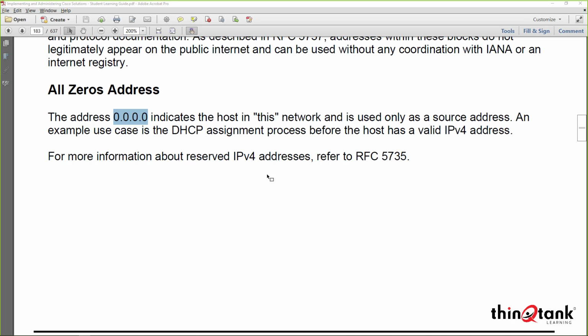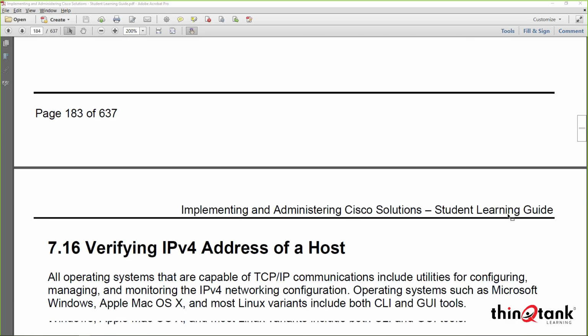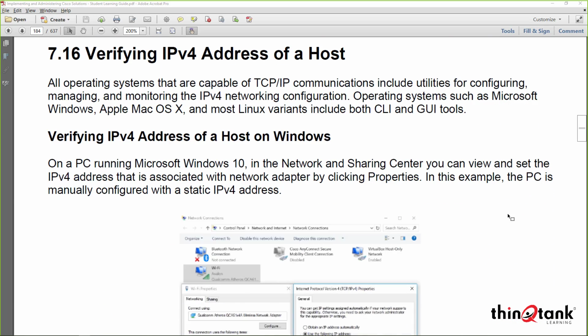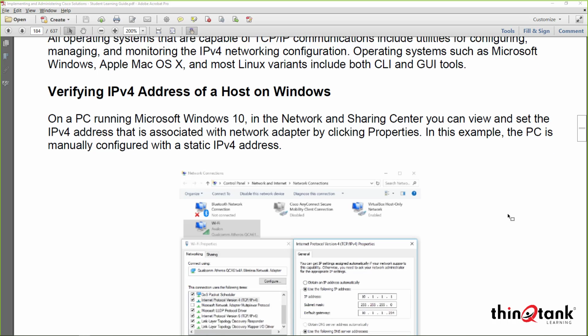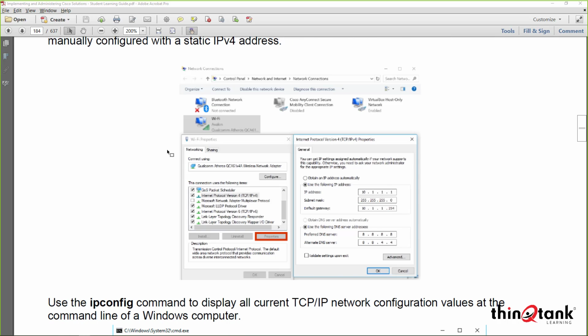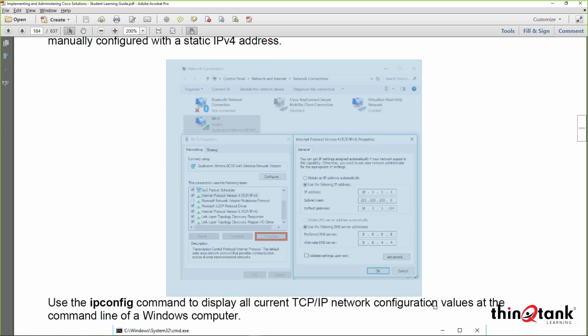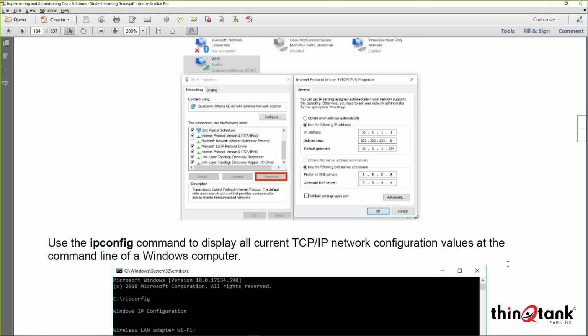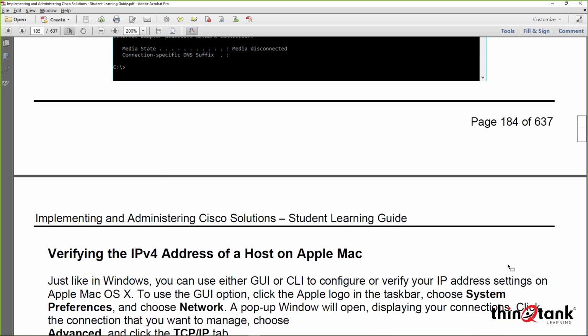All right? The last section here, pretty straightforward. How do I verify addresses on a host? I'm not going to spend a lot of time on this. You guys are probably familiar with most of this. In the PC, you can use the ipconfig option, or you can use the network connections configuration screen and under properties.